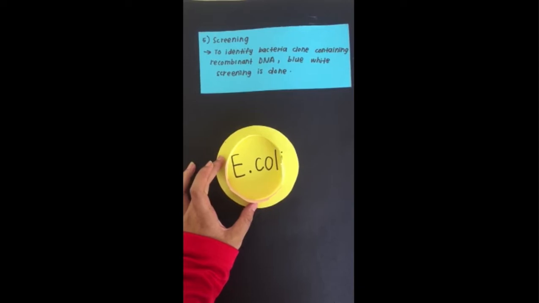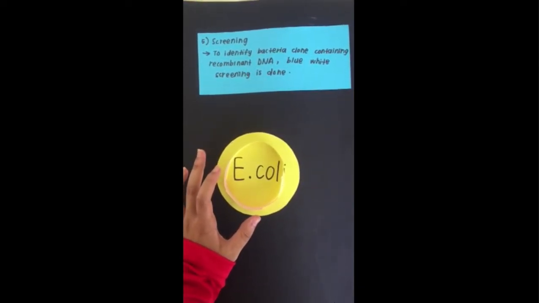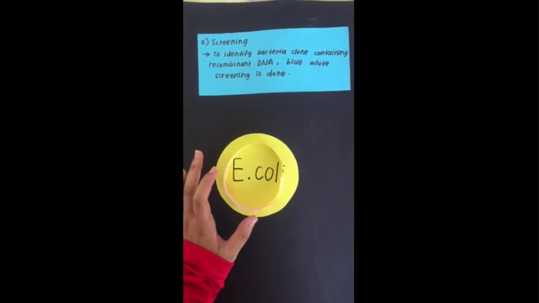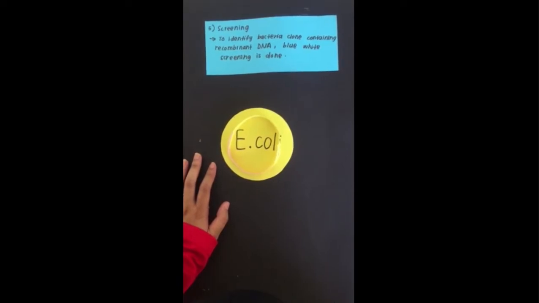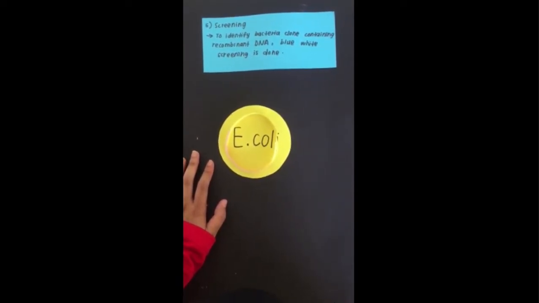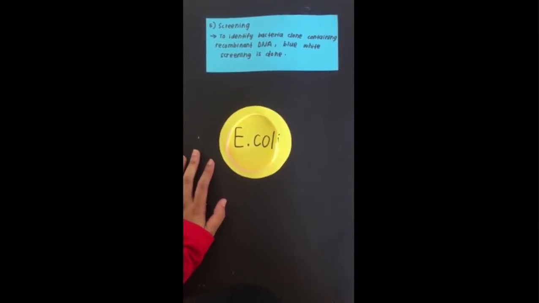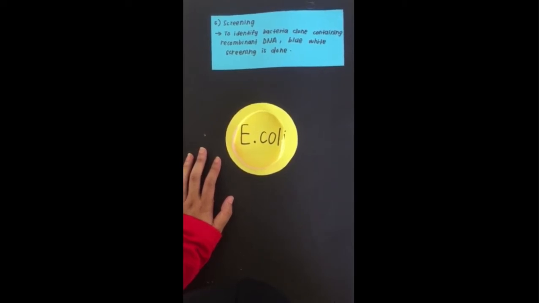Blue-white screening is done. Firstly, we plate the bacteria that have recombinant DNA onto a plate that has X-gal and the antibiotic ampicillin. Bacteria which do not have resistance to the antibiotic ampicillin will not grow, vice versa for the bacteria which have the resistance.